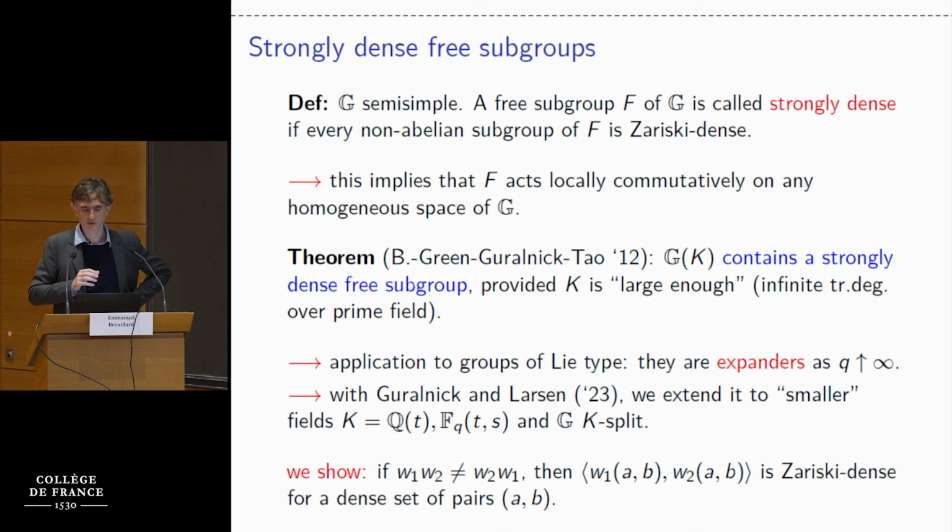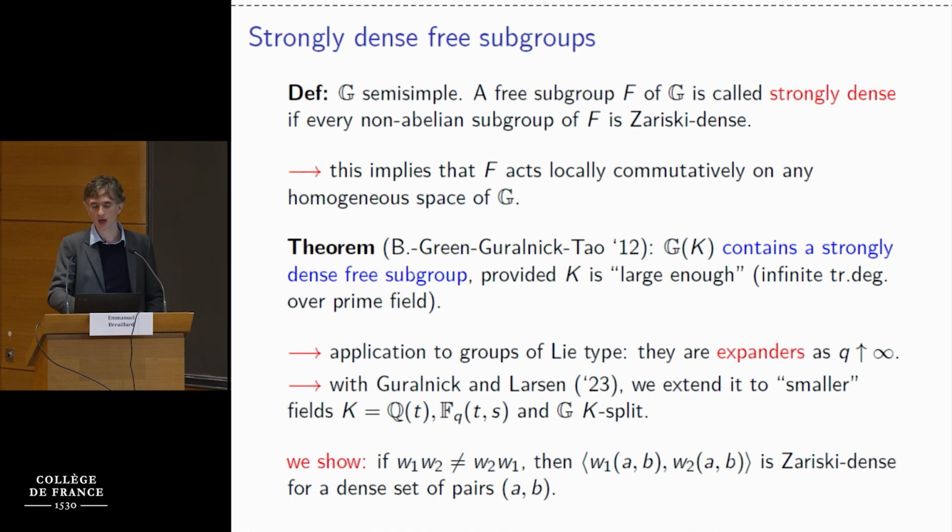A group is strongly dense if every non-abelian subgroup is Zariski dense. Okay? So this means if you intersect your group with a proper algebraic subgroup, then the intersection will be a cyclic subgroup of the free group. Okay? So if you have such a free group, which is strongly dense, then of course it acts locally commutatively on any homogeneous space of G, and in particular it will be paradoxical.